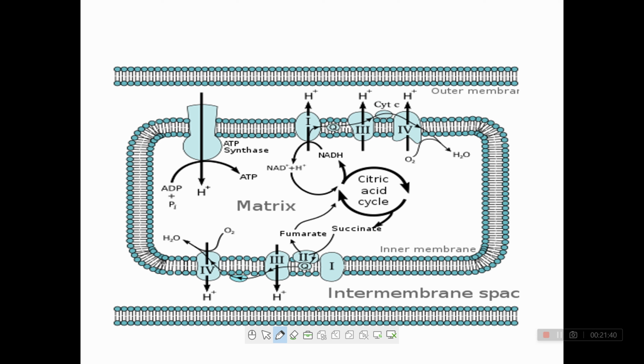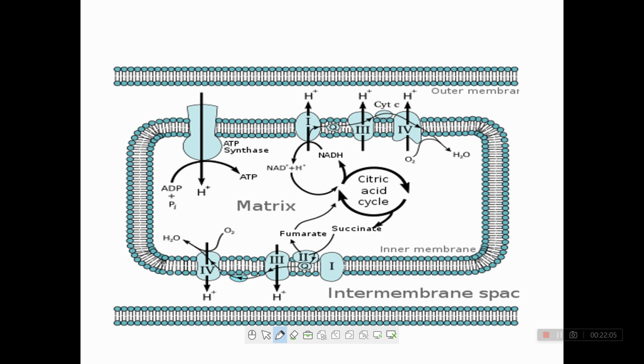During the transfer of electrons from one complex to another, protons will be released into the intermembrane space. So the concentration of protons will increase in the intermembrane space.